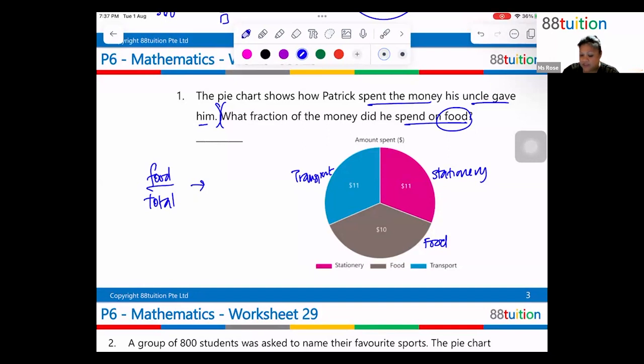Food, how much? $10. What's the total? So the total here is 11, 11, and 10 to give me $32. Thank you, Jinpo. So from here, I need to simplify even though they didn't tell me to simplify? Do I need to? Yes or no? Do I need to simplify even though they didn't tell me to?